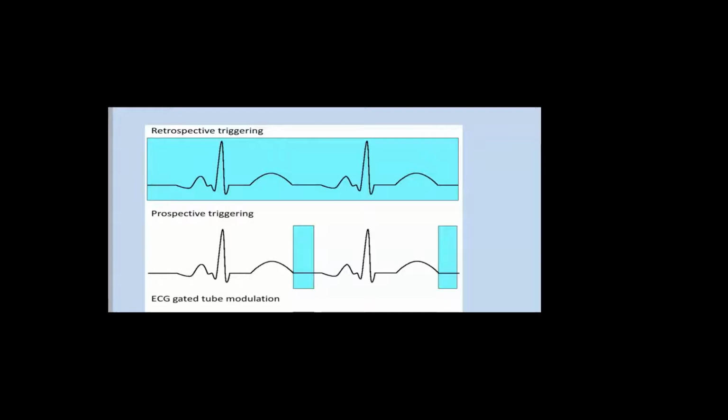Because in retrospective, the data span the systole and diastole, while in prospective, you are just obtaining diastolic sample data, which is usually 70% of the RR interval, because 70% of the RR interval is the time of diastasis where the coronaries are the quietest. So we time our machine to operate during this time only and to be off in the rest of the cardiac cycle. So we have only diastolic data, so we cannot have functional data for systole and diastole. Okay.